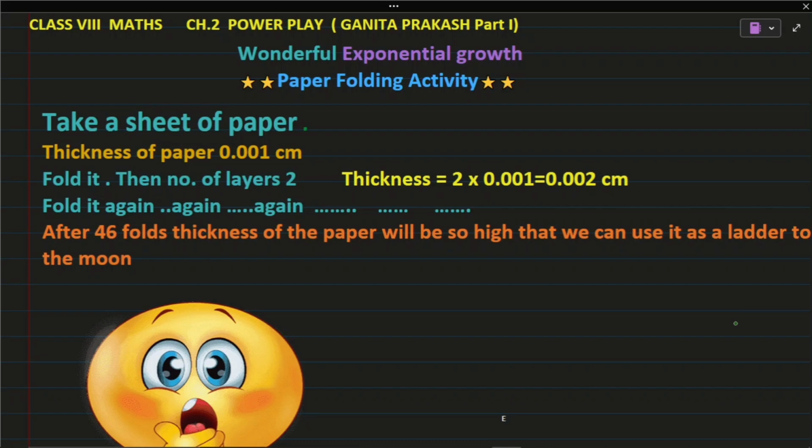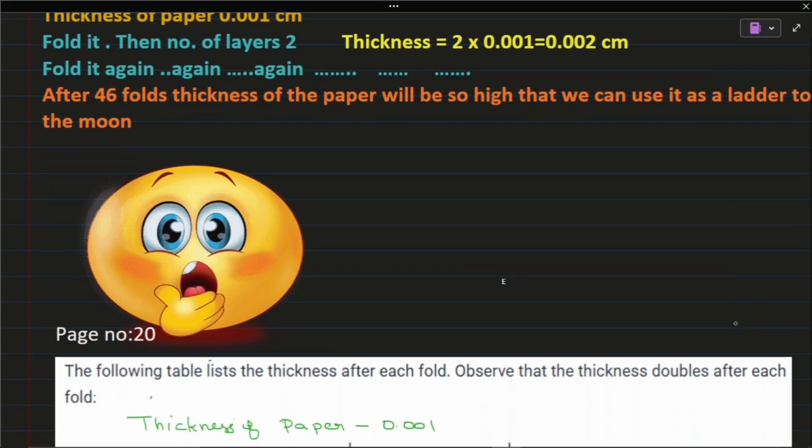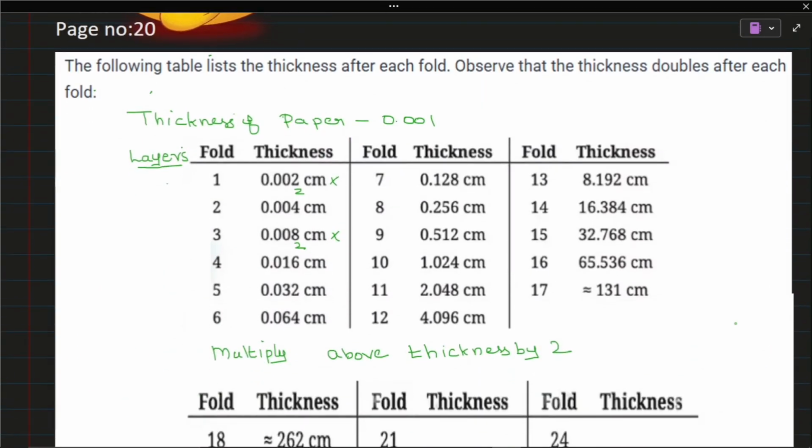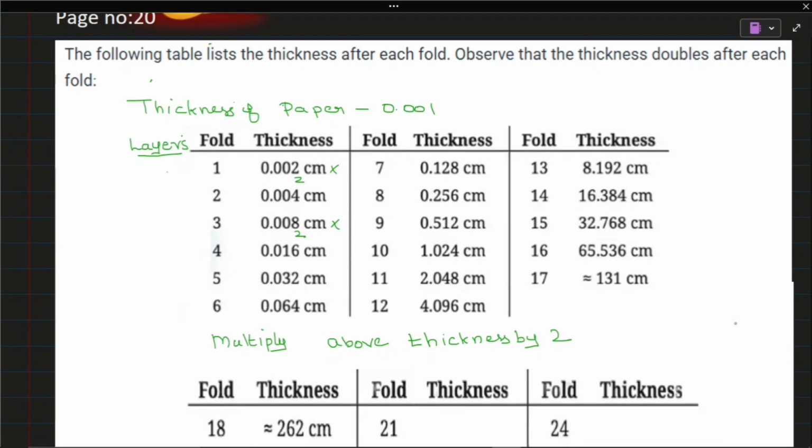Now based on this activity, we will discuss page number 20. That is here, folding and thickness is given. First 17 folds, and at that time the thickness was already given. That is, in the first fold 2 layers will be there. When a paper is folded, 2 layers will be there. So the normal thickness of the paper is 0.001.